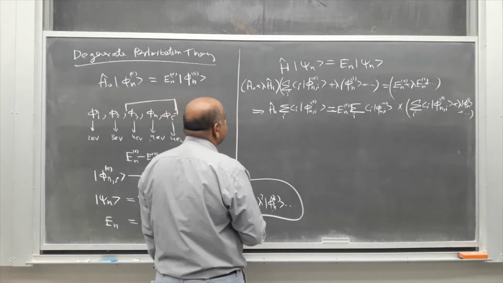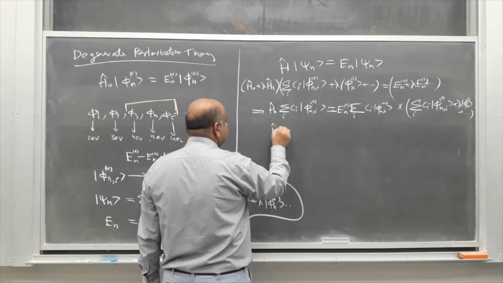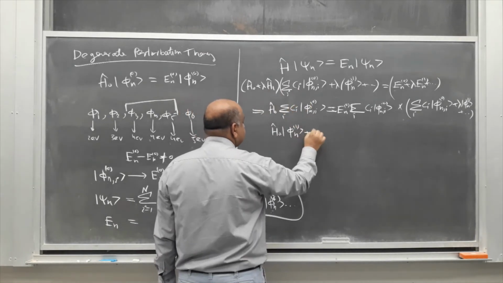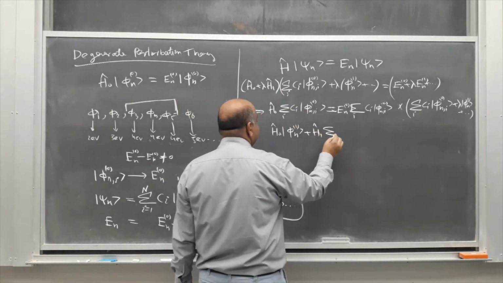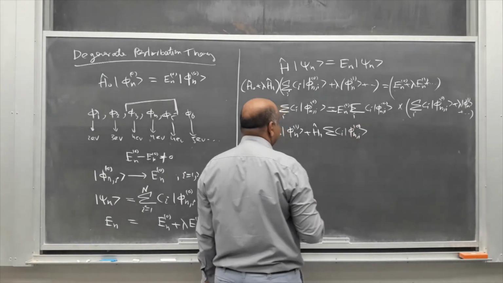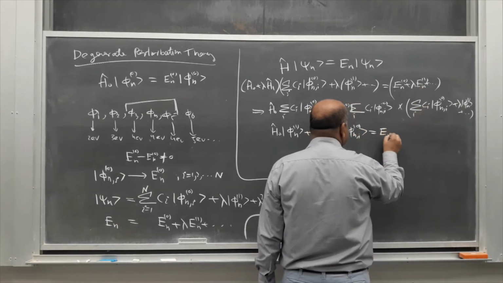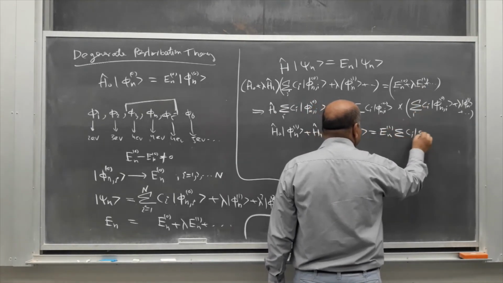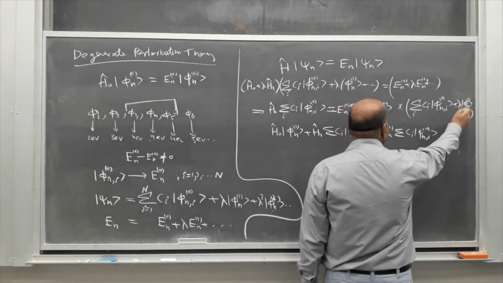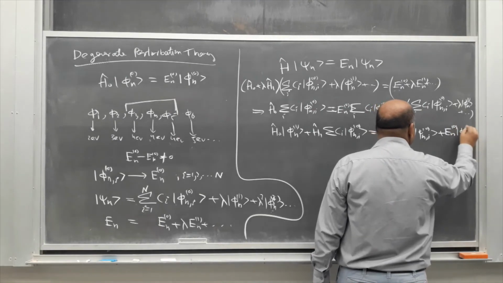Now for terms proportional to lambda, I get h naught phi n1, and I get this plus h1 sum over i Ci phi n0, and on the right side terms proportional to lambda are this En1 sum over i Ci phi ni, and then this En0 into this phi n1.